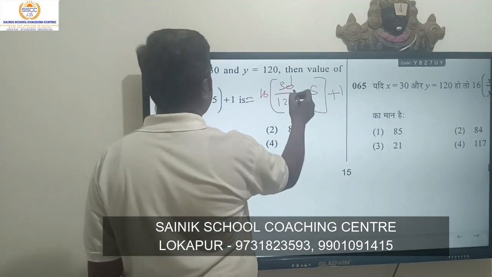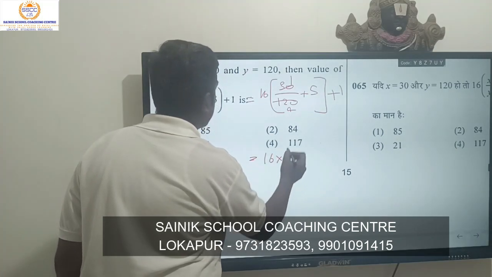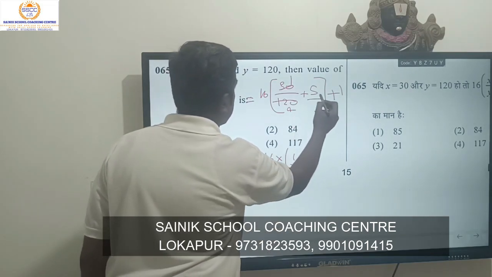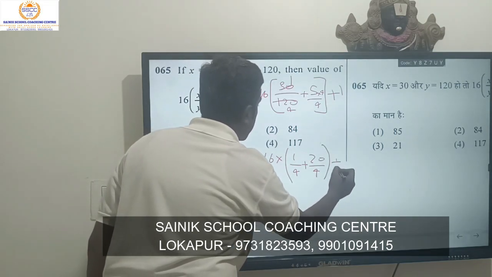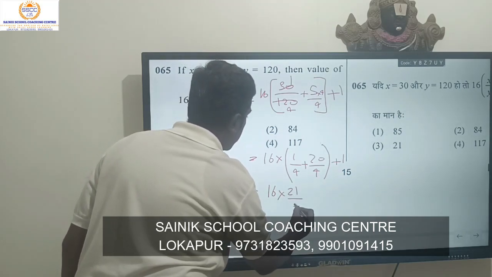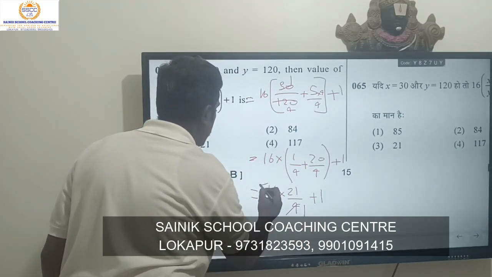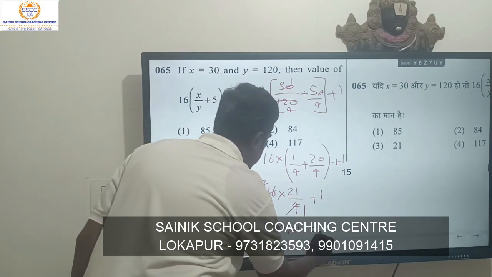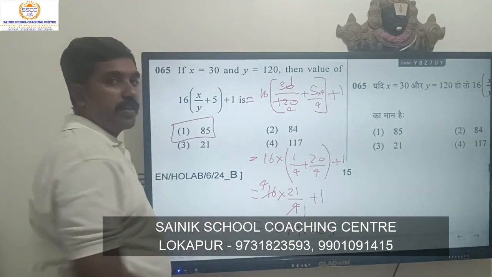So 16 into bracket 1 by 4 plus, LCM will be 4, 20 by 4 here, plus 1. 16 into 21 by 4, plus what? 4 ones are 4, 4 twos are 8, 84 plus 1 is 85. So option 1, 85 is the right answer.